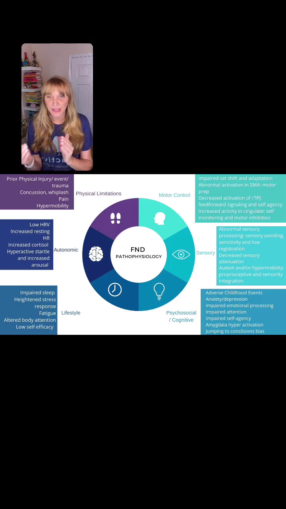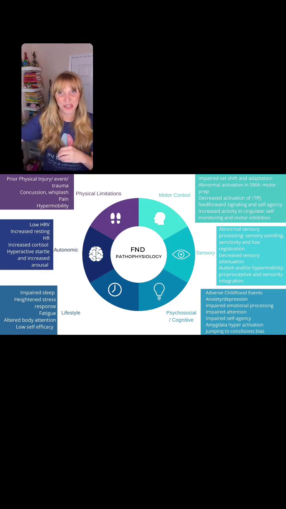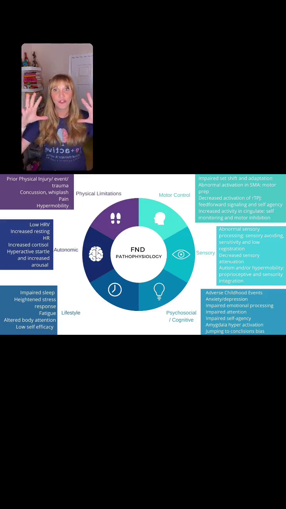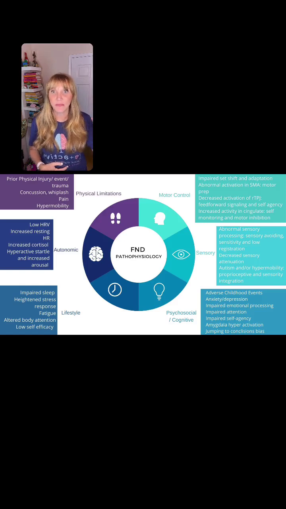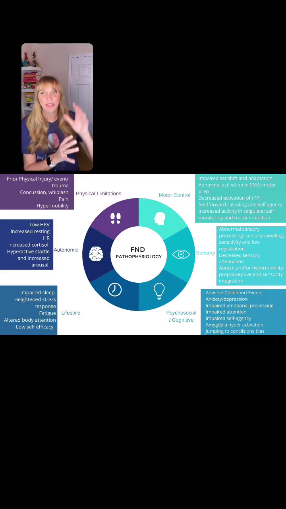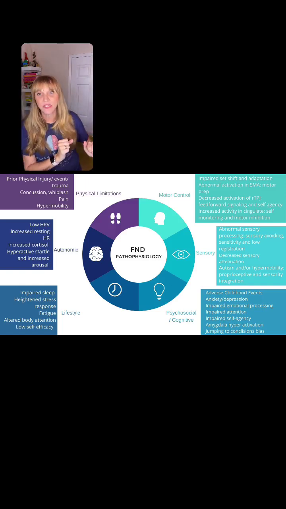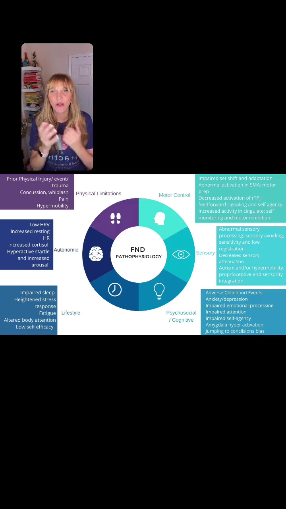We want to assess and treat those things. We also don't want to just treat those things. So that's a really big part of the pie chart framework, is that we are zooming out to look at the whole person all at the same time. What I frequently hear in folks with FND is they've addressed some of the physical impairments, maybe some of the motor control, maybe over here they went to neurooptometry, maybe they did some sensory pieces, but not all at the same time, not all together.